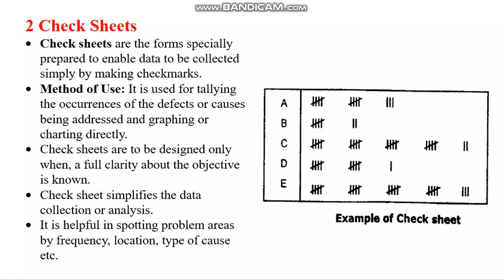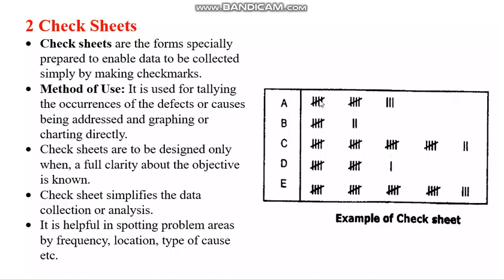The method of use is tallying the occurrences of defects, how many times one particular defect occurs. Here you can say A type of defect, B type, C type, D type, E type of defects, or it can be the causes, whatever causes are causing the defects.